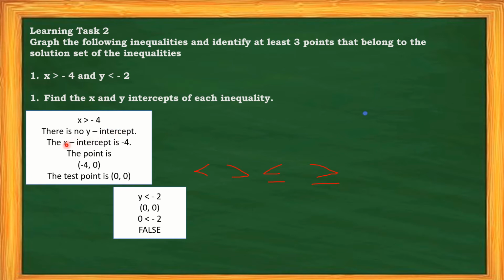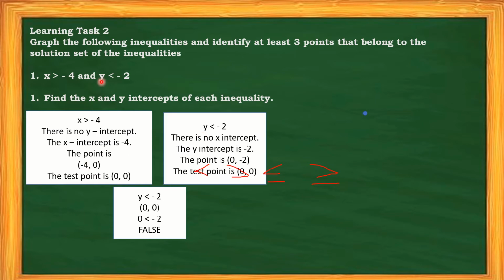We only have the x-intercept, the value of x if y is 0. Since there is no y, the x-intercept is -4. You just replace the inequality sign with an equal sign to find the x and y intercepts. Therefore, the point here is -4 and 0, since x is -4 and y is 0.